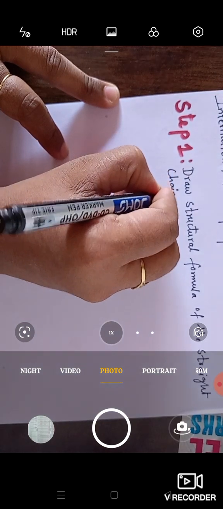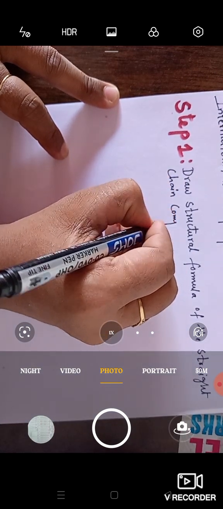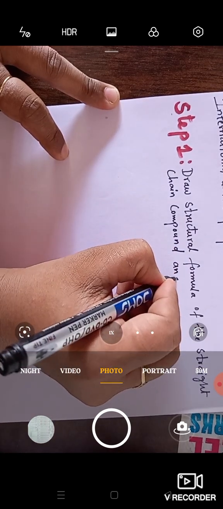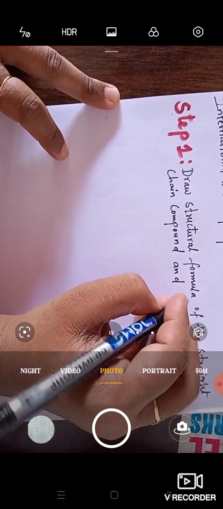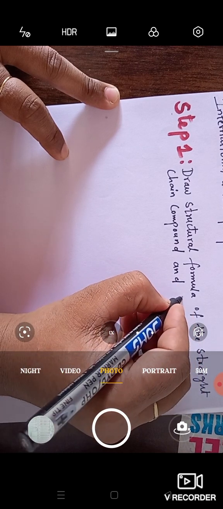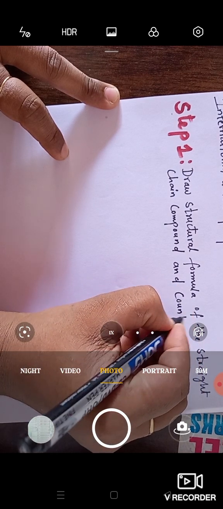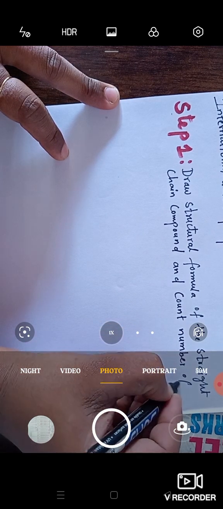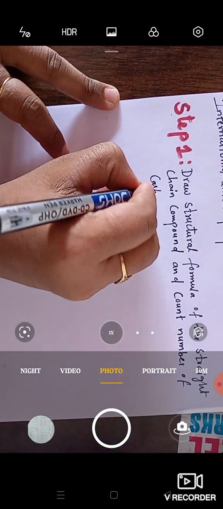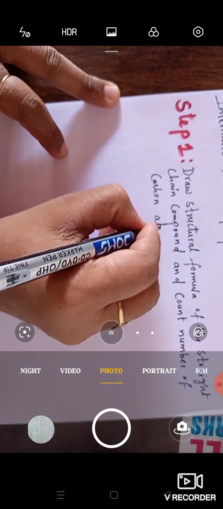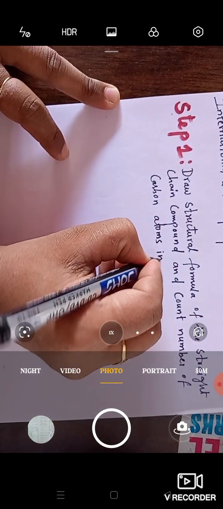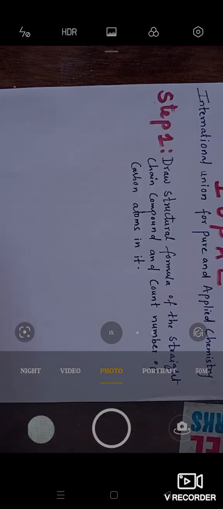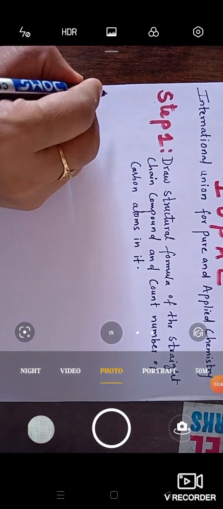Then we will count the number of carbon atoms in it. Let's see an example for this.